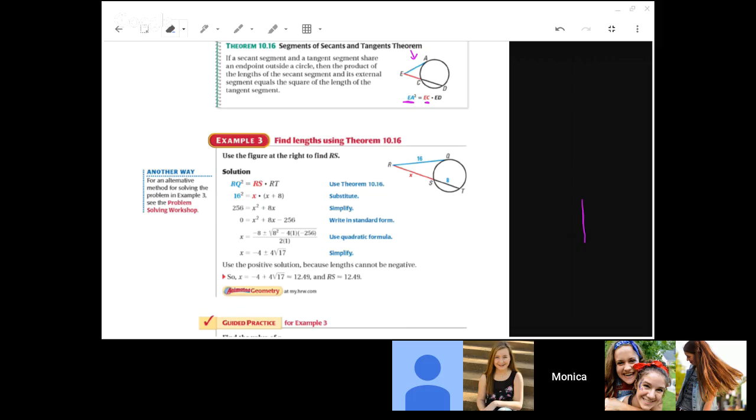Okay, so now look down at example 3. Your tangent is 16. So that's going to be 16 squared. And then your outside part of your secant is x. And the whole thing, the whole length, is x plus 8. Okay, you see it?